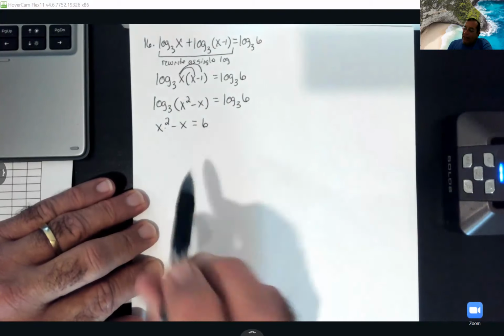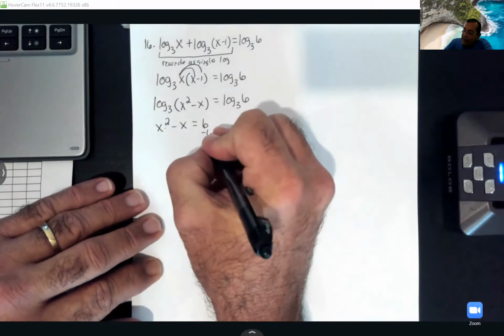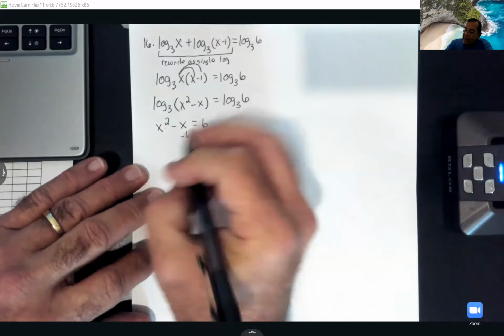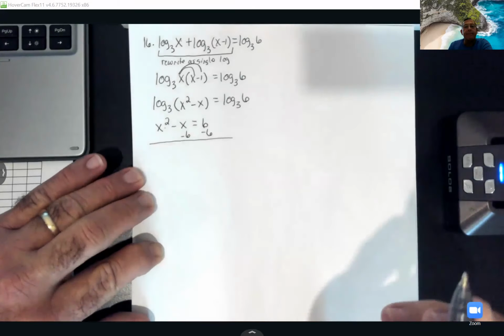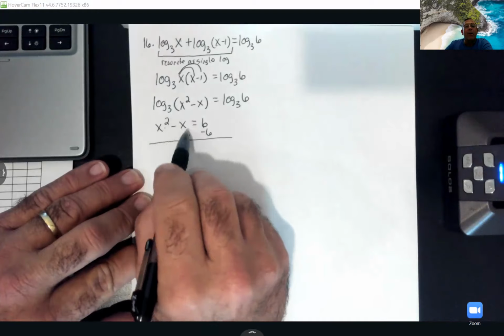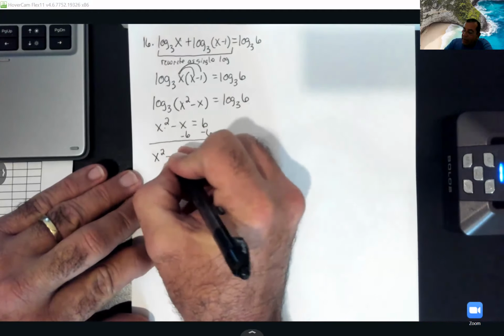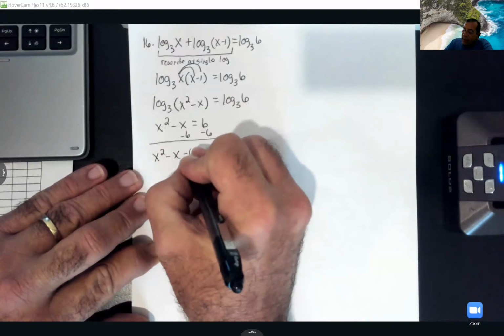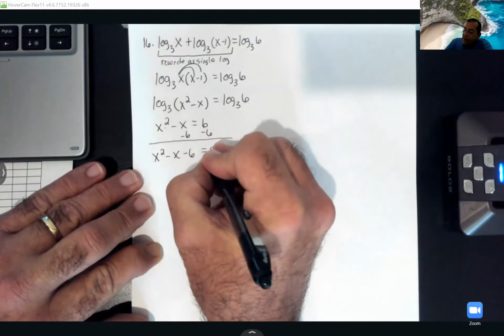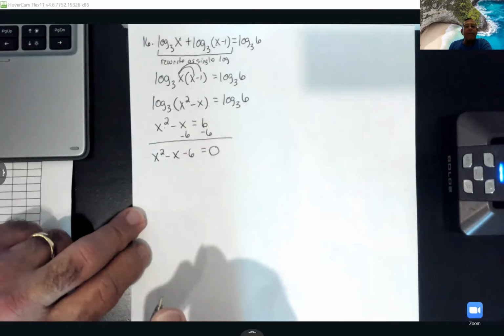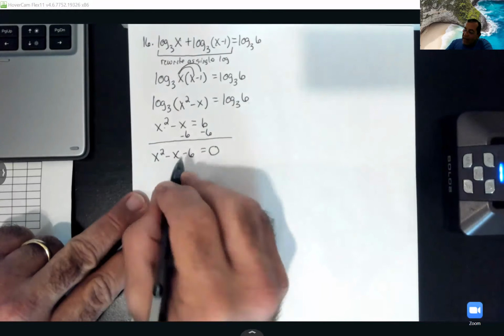So to make that a 0, we're going to subtract 6 from both sides. So no like terms. That's just going to give me an x squared minus the x minus 6, all equal to 0. Now remember, that's negative again.